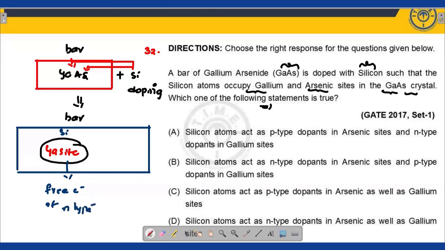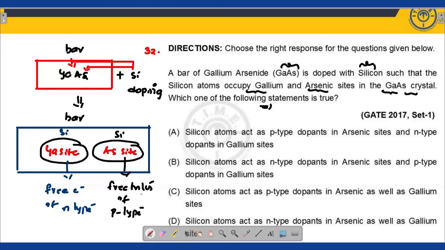Next, the arsenic site with a silicon atom produces free holes of p type. Free holes of the p type, my dear friends.